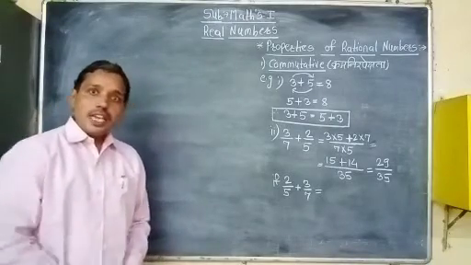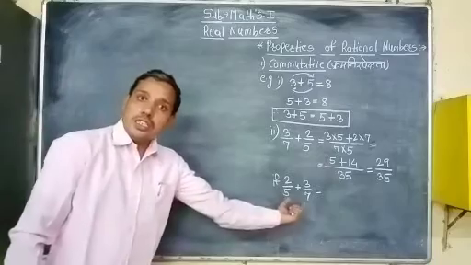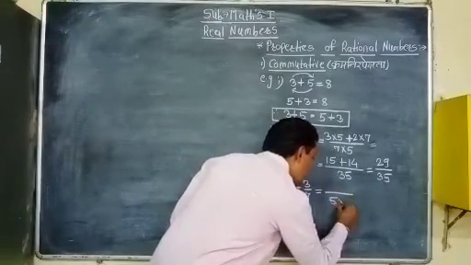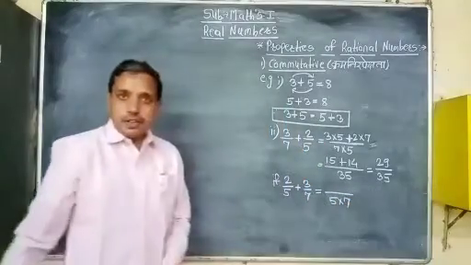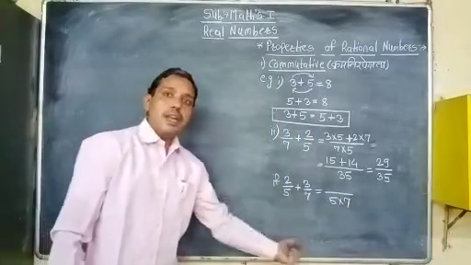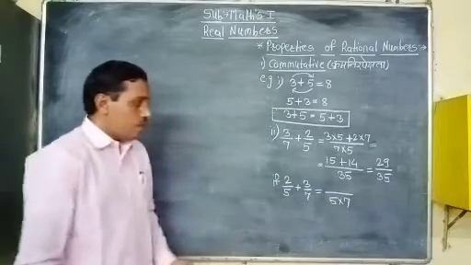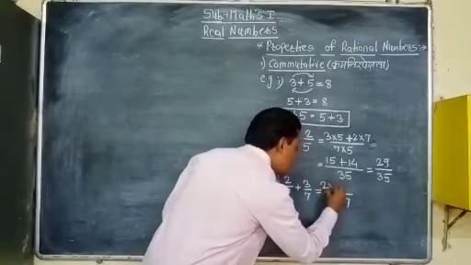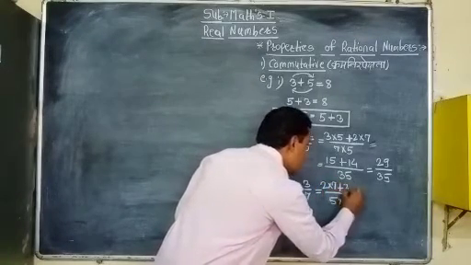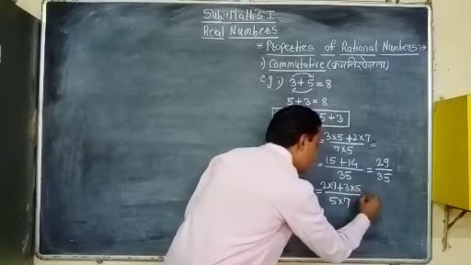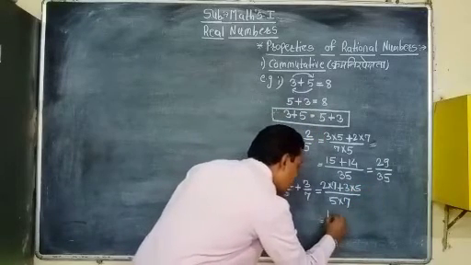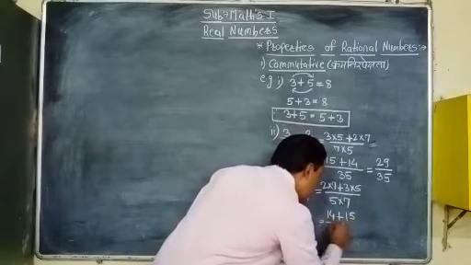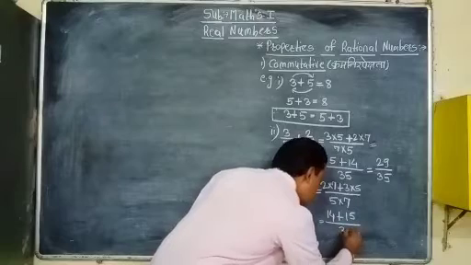We again make the bases the same by taking the LCM of 5 and 7, which is their product, and again we do the cross multiplication. So the cross multiplication is 2 into 7 plus 3 into 5. So 2 into 7 is 14, plus 3 5s are 15, upon 5 7s are 35.